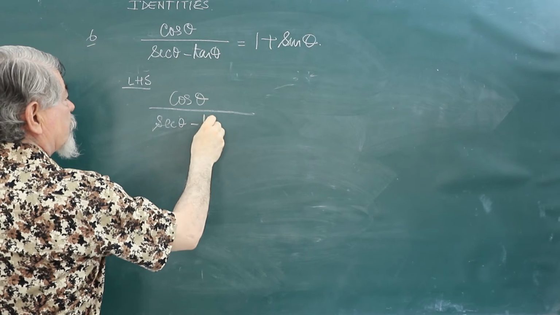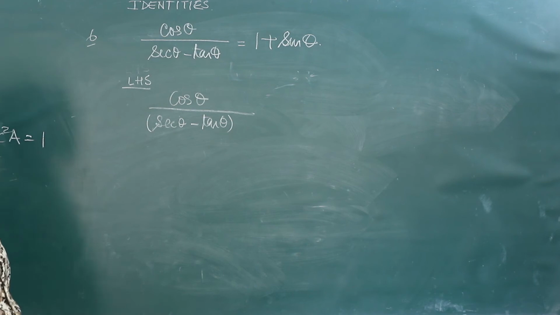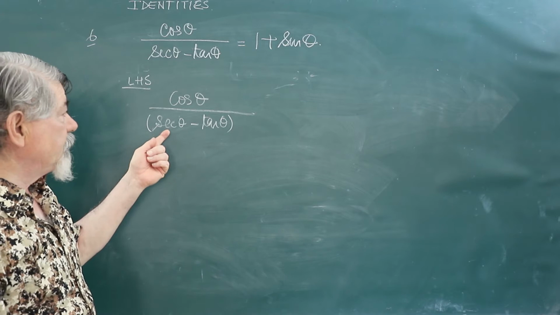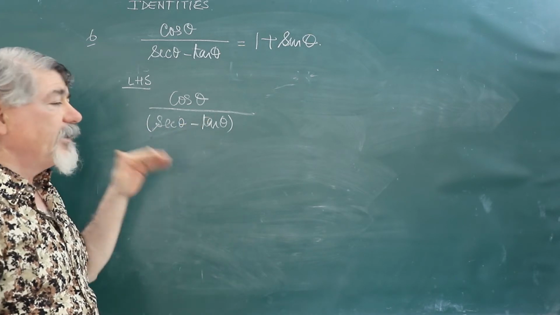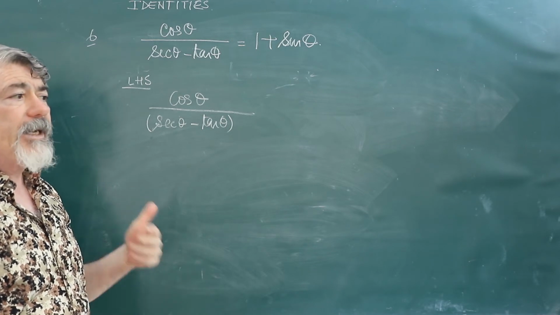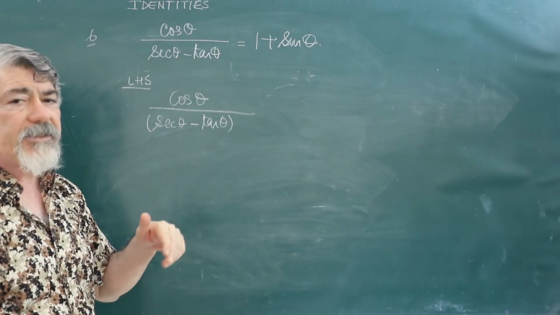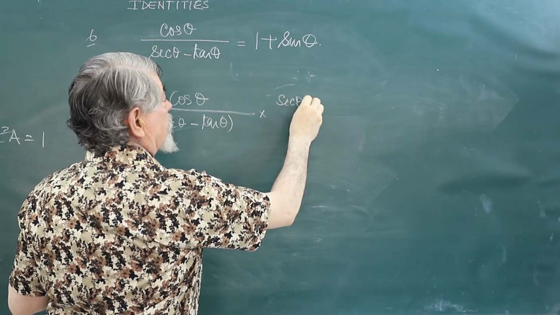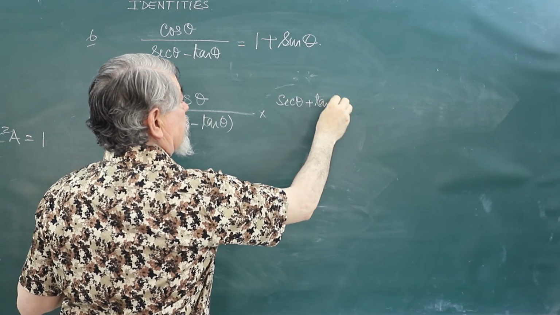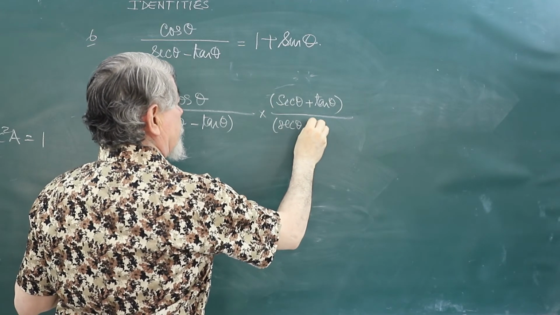Cos theta upon sec theta minus tan theta. I know sec square theta minus tan square theta is 1. So when we rationalize, we see the denominator and multiply the numerator as well as denominator by sec theta plus tan theta.